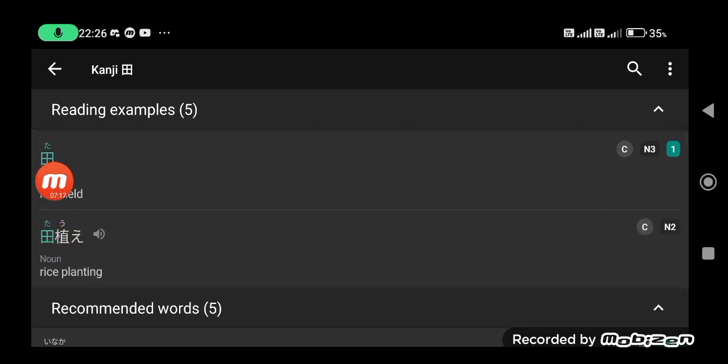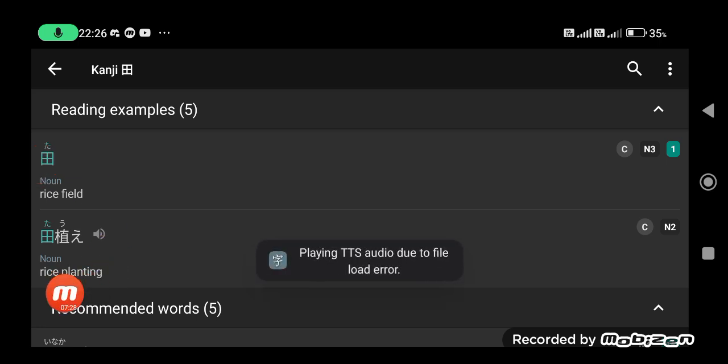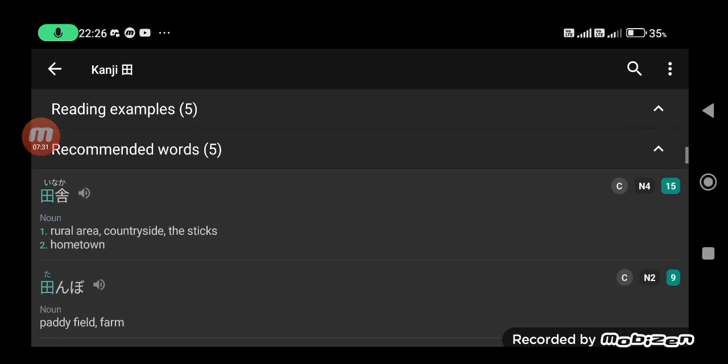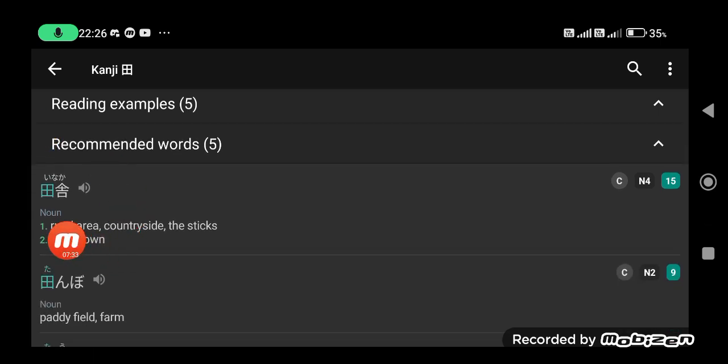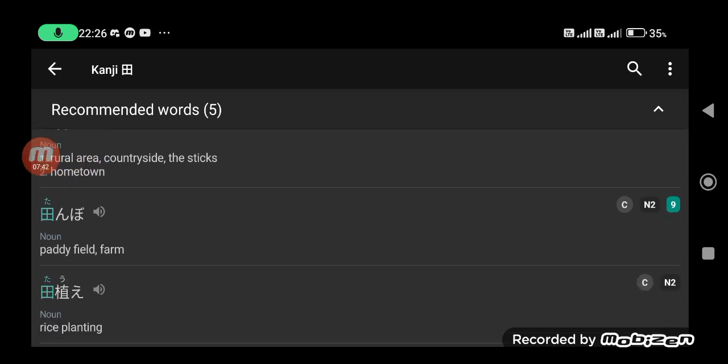Ta, the kunyomi ta, means rice field. Taue means rice planting, and it's a noun. Okay, for other vocabulary, I mentioned the irregular reading. Inaka means countryside with the connotation of rural area. Okay, how about this? Tanbo is paddy field or farm.